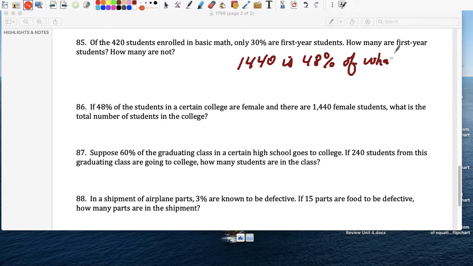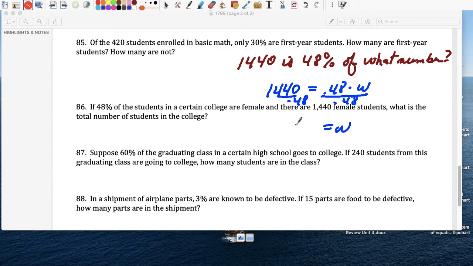If I translate that, 1,440 is 0.48 multiplication of the whole. To find the whole, I divide 1,440 by 0.48.